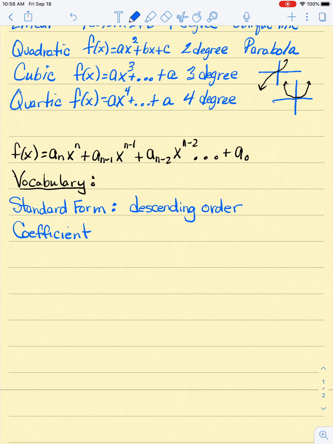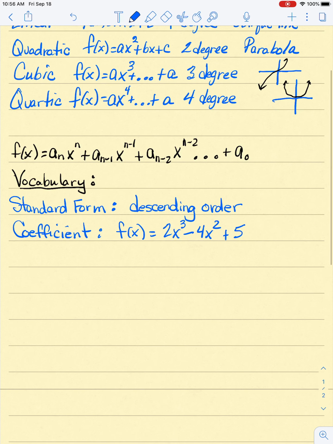We usually talk about coefficients when we're looking at a polynomial, like f of x equals 2x to the third minus 4x squared plus 5. The coefficient of the x cubed term would be 2. The coefficient of the x squared term would be negative 4. So just your basic words with coefficient.